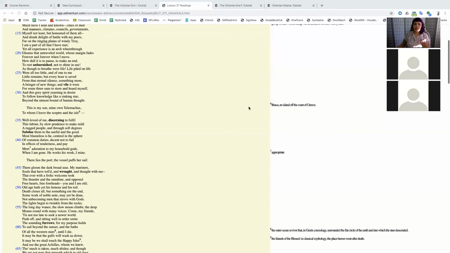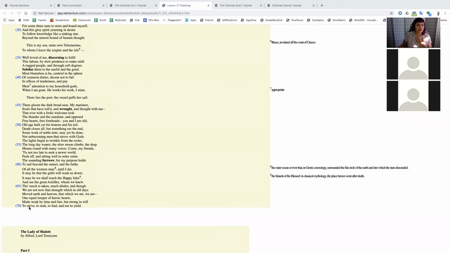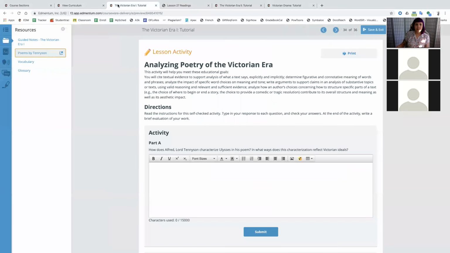But throughout this, we get a different characterization of Ulysses as somebody who wants to continue forth. I mean, just really to strive, to seek, to find, and not to yield. That's a very Victorian ideal.